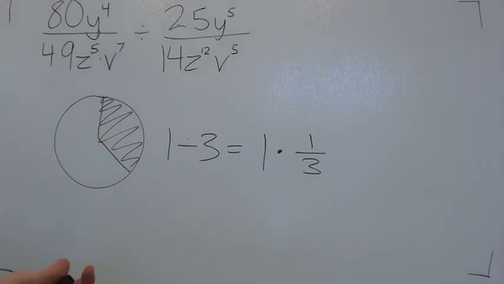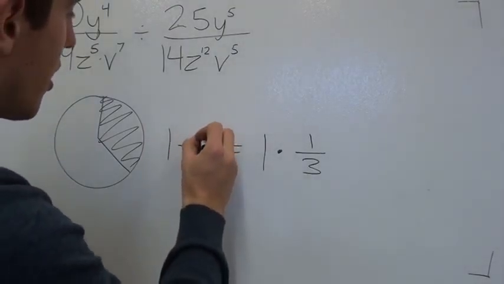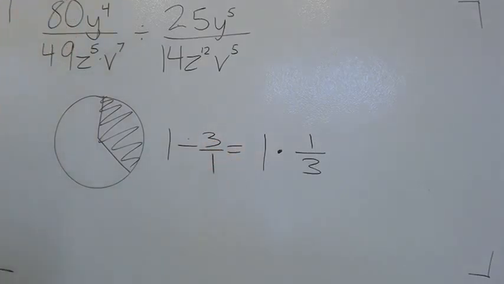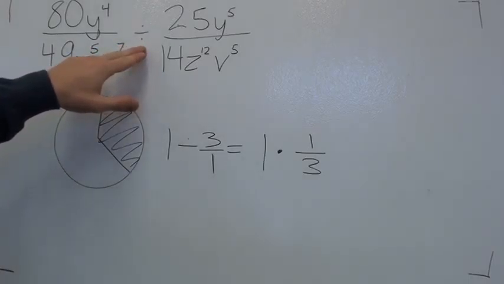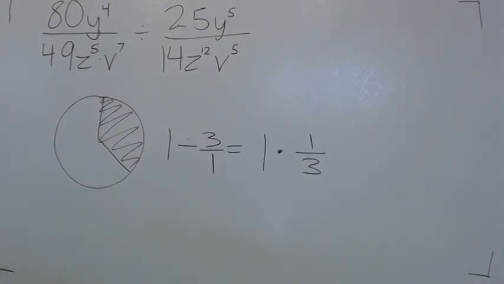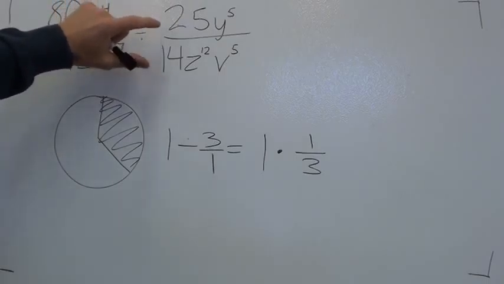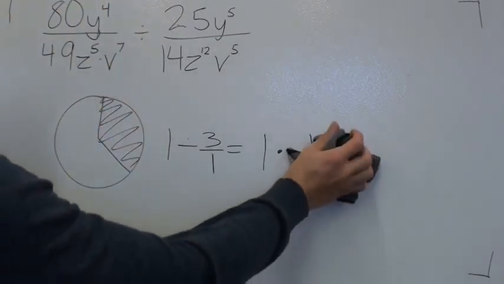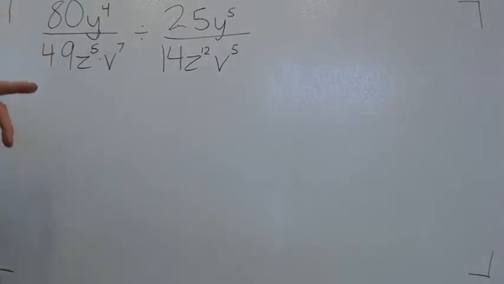It might help if I wrote this 3 as 3/1. So in the case of dividing fractions, it's actually the exact same thing as multiplying by its inverse, by basically the upside down fraction. So we can take this problem as it is right now and rewrite it.